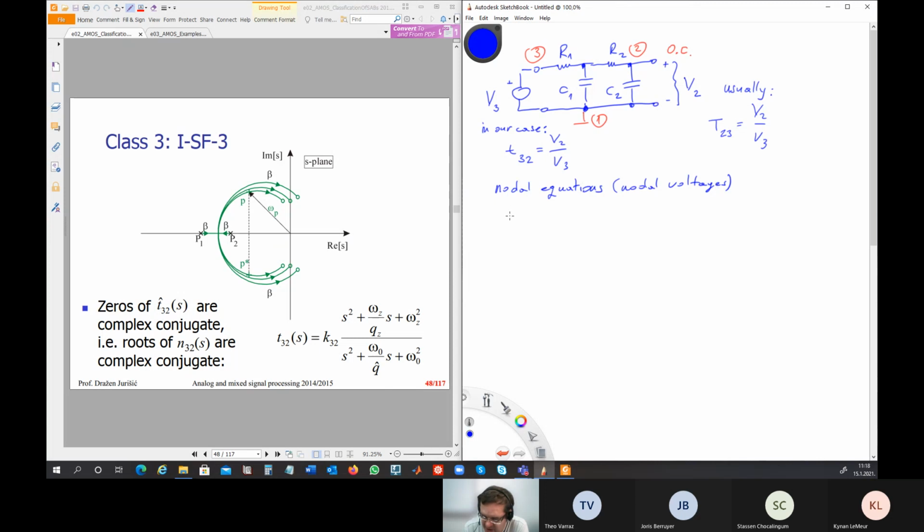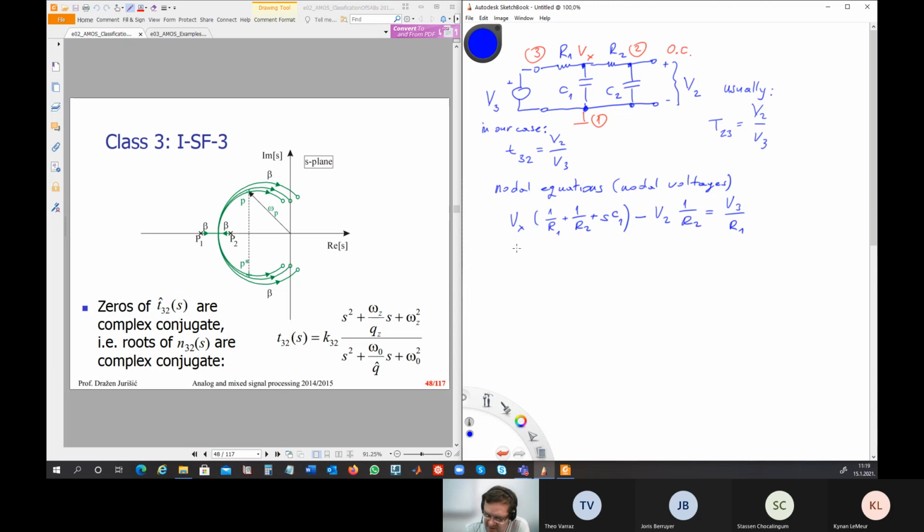We can put here Vx as an auxiliary node, and then we can write: Vx times all admittances connected to this node, 1 over R1, 1 over R2 plus SC1, minus the neighboring node V2 times 1 over R2, equals V3 over R1.